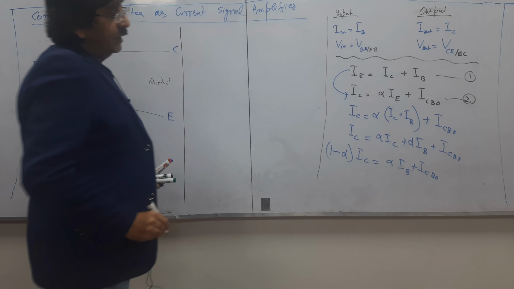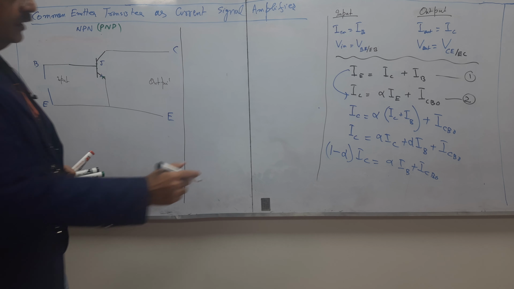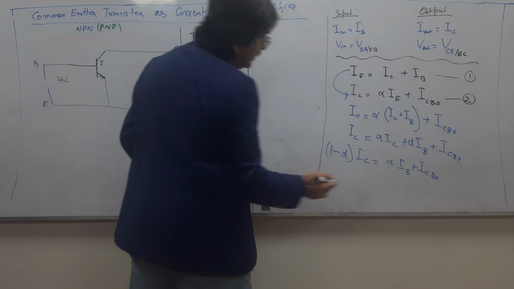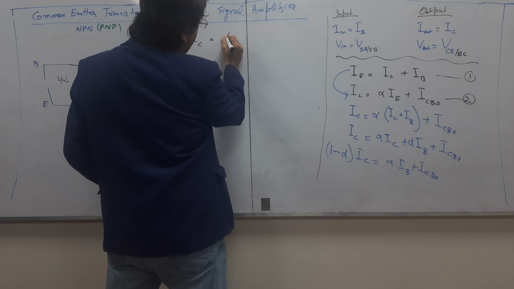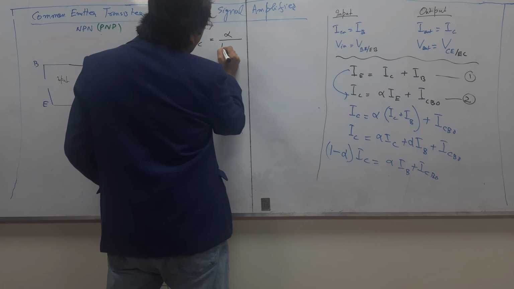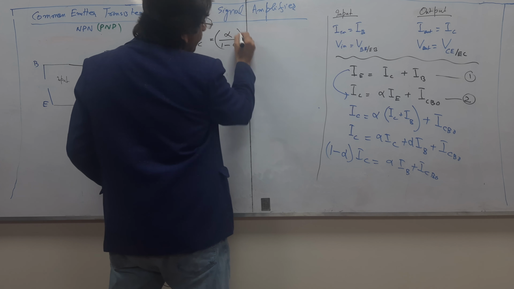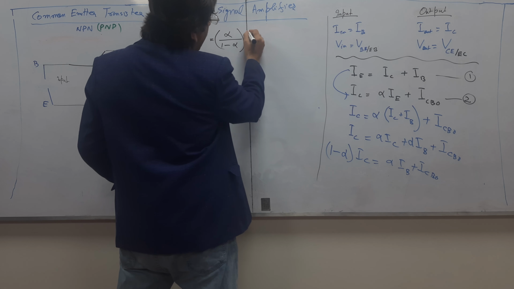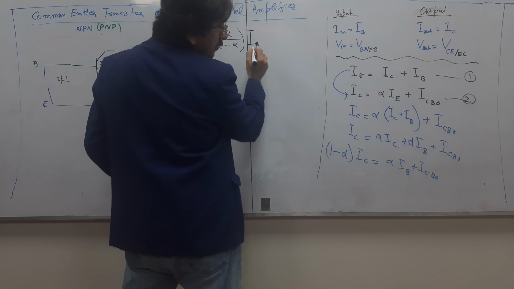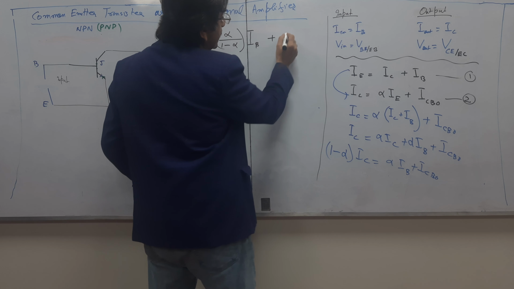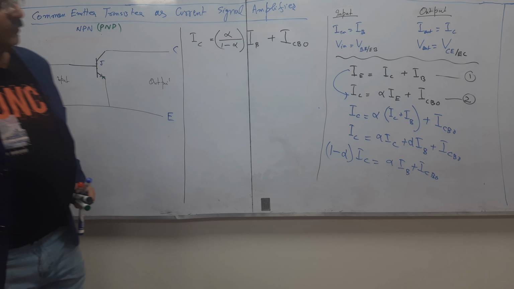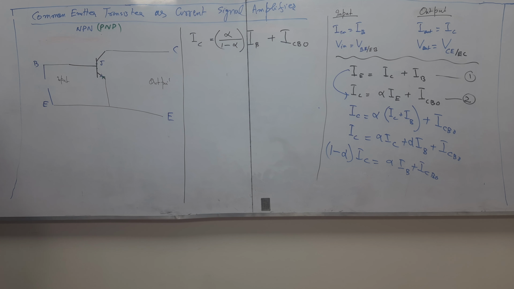Okay, so from here IC will be equal to alpha divided by 1 minus alpha IB plus ICBO divided by 1 minus alpha.